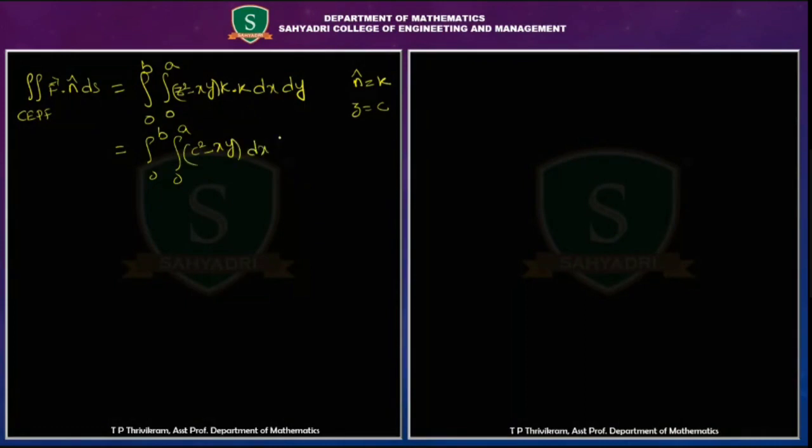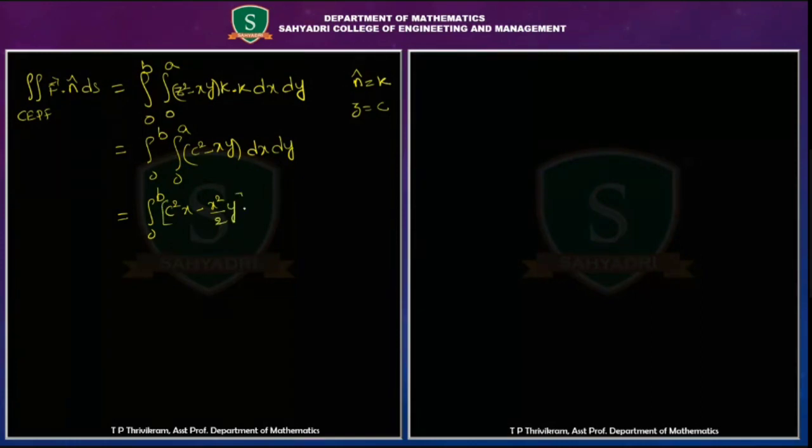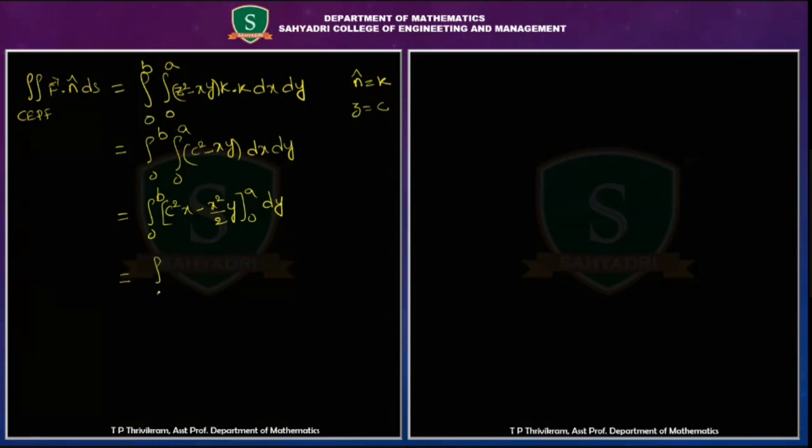So dx dy. Now apply integration for this. So integral 0 to b, c square x minus x square by 2 y, having the limits from 0 to a dy. So this one is equal to integral 0 to b. If you apply the limits, I'll get c square a minus a square by 2 into y dy.